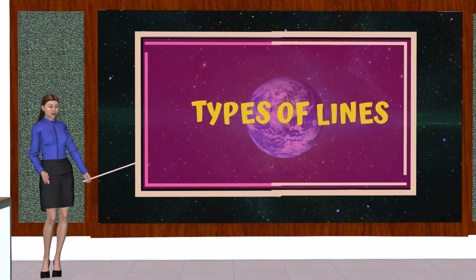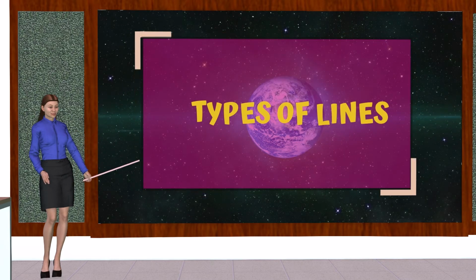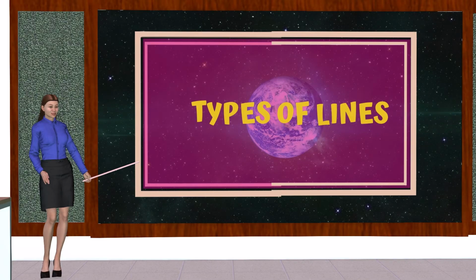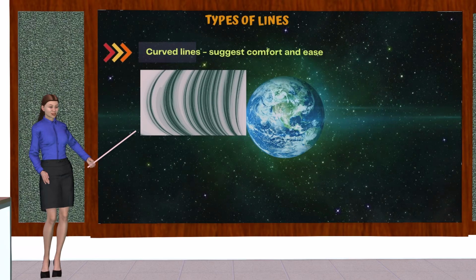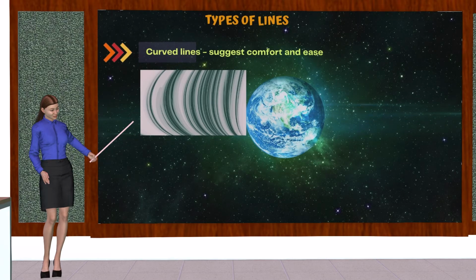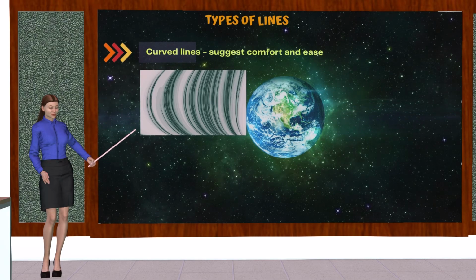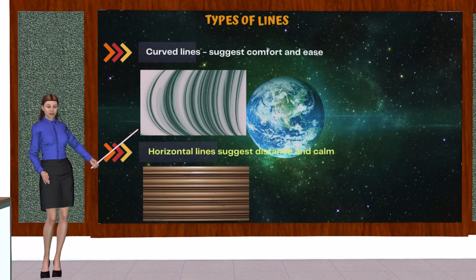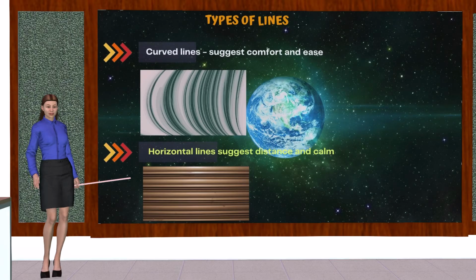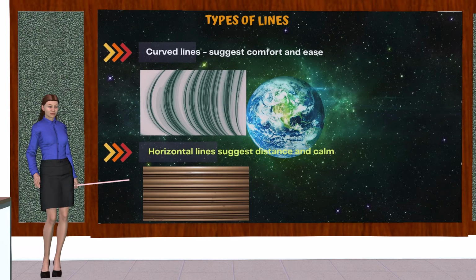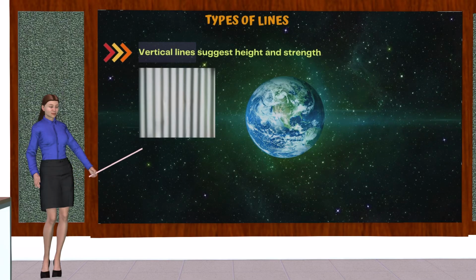Now there are different types of lines. The first one are the curved lines. Curved lines suggest comfort and ease. The second one are the horizontal lines. They suggest distance and calm. Next are the vertical lines.